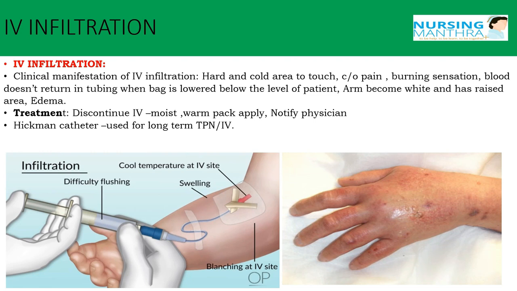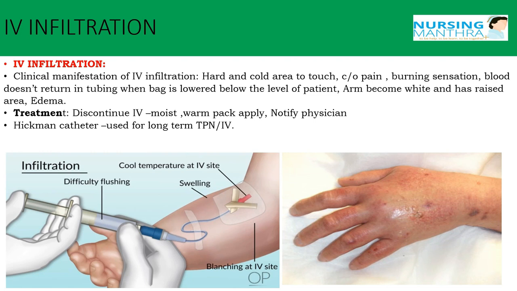The clinical features: the area will be hard and cold to touch, and the patient will complain of pain and a burning sensation in that area. Blood does not return in the tubing when the bag is lowered below the level of the patient. The arm becomes white and has a raised area, edema, everything will be there.